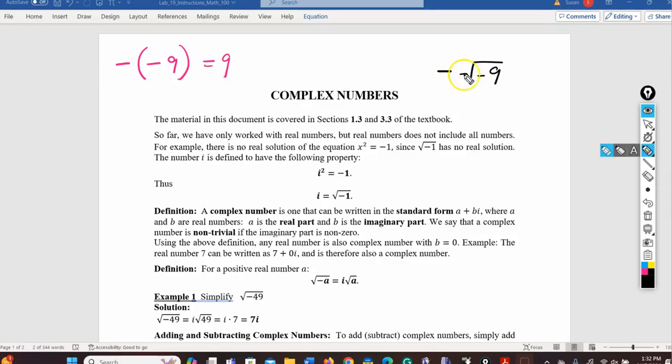This negative symbol can't just come inside like it can with a parenthesis. The negative sign stays outside, and then this part is going to be i, and that would be written as -3i.